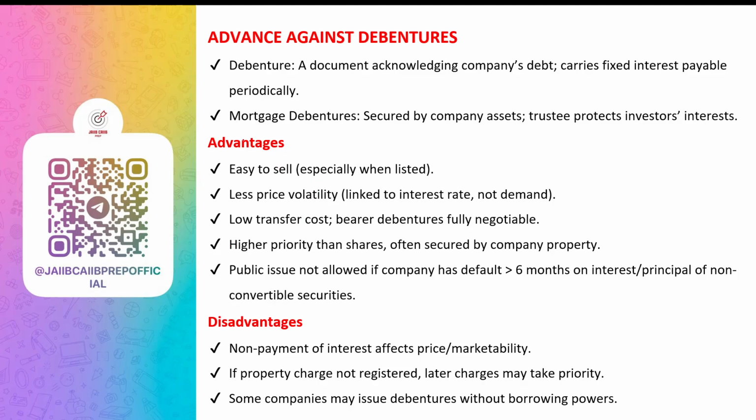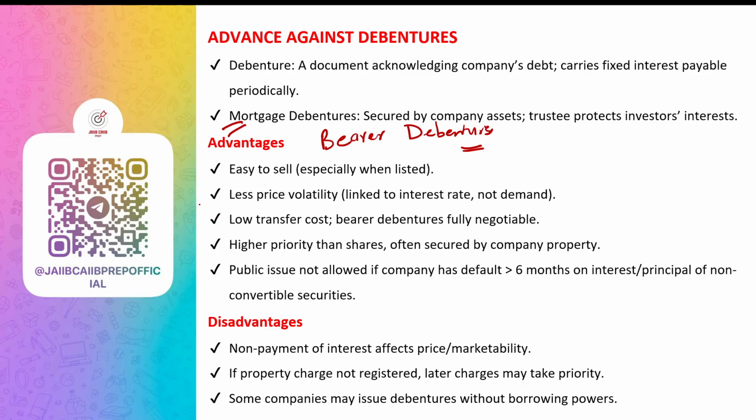So, these are secured by creating a charge over the company's asset in favor of a trustee who safeguards the interest of investors. And then there are bearer debentures. So these are freely negotiable, payable to the holder, and do not require registration of transfer.